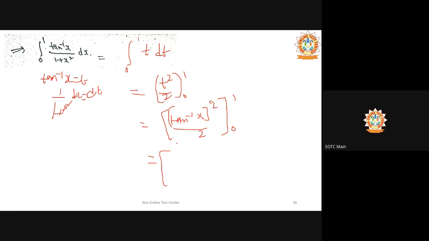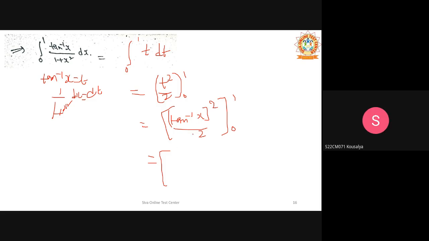Now if you apply the integration of this t, what will become? T square by 2. So the limits are 0 to 1. So substitute what is t? That is tan inverse x whole square by 2. The limits are 0 to 1. So apply the upper limit, that is 1. It will come tan inverse 1. What is tan inverse 1?